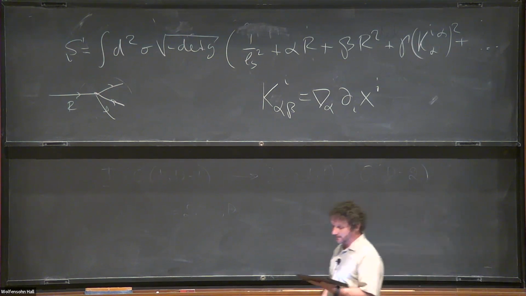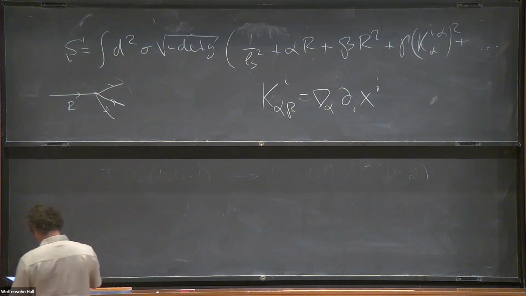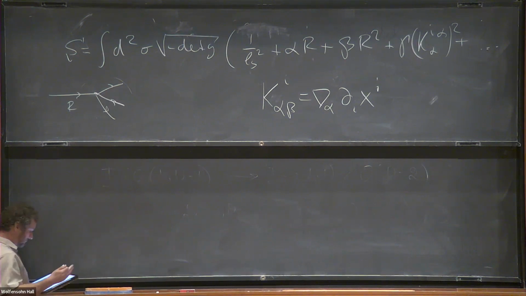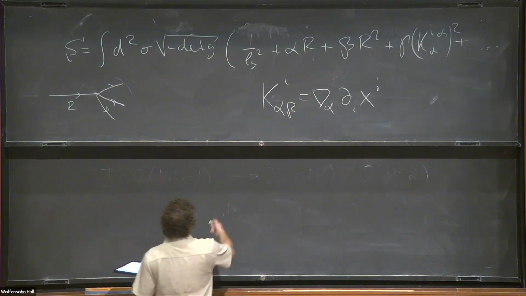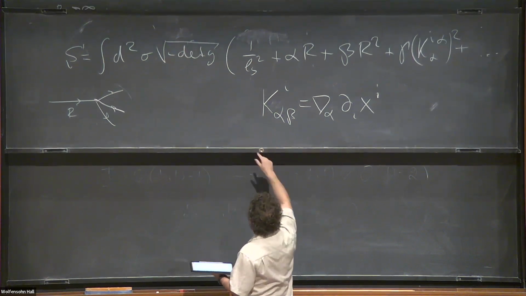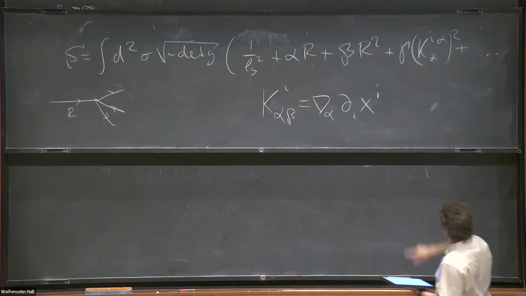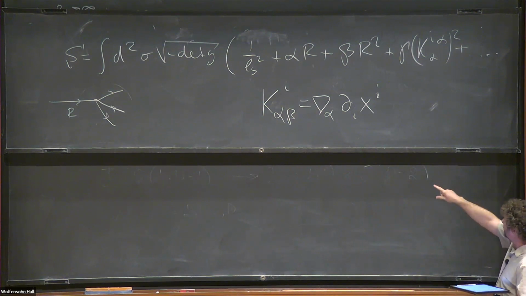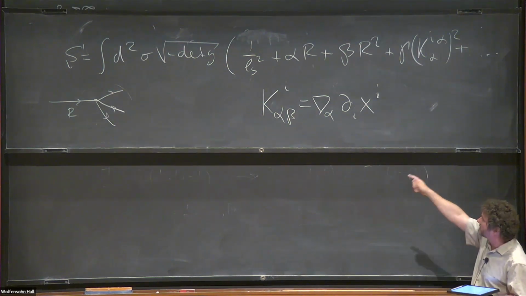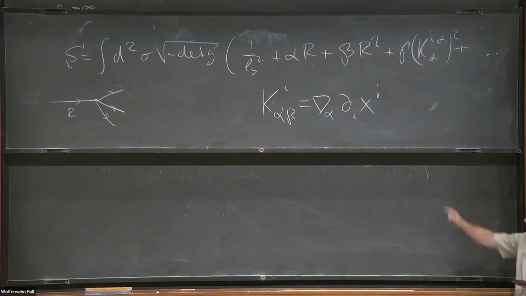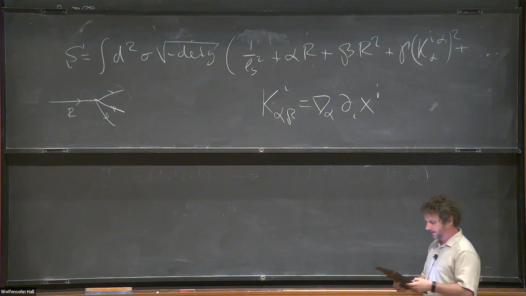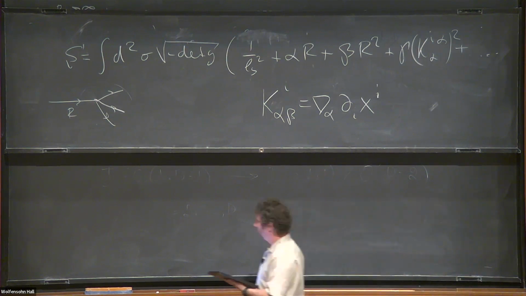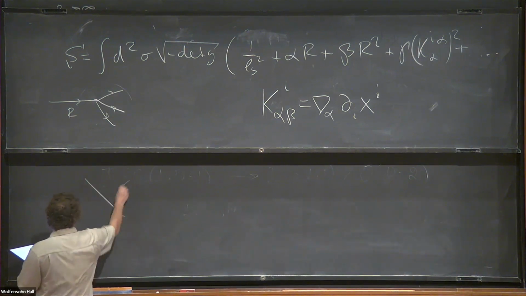And the result is quite interesting. I will describe it later in slightly different language, but I think it's instructive right away to give you the answer. First you calculate tree-level diagrams, which means that the low energy amplitudes at the leading order in the low energy expansion are just given by the leading Nambu-Goto term. So you calculate interactions associated with Nambu-Goto, and there is some non-trivial 2-to-2 scattering.